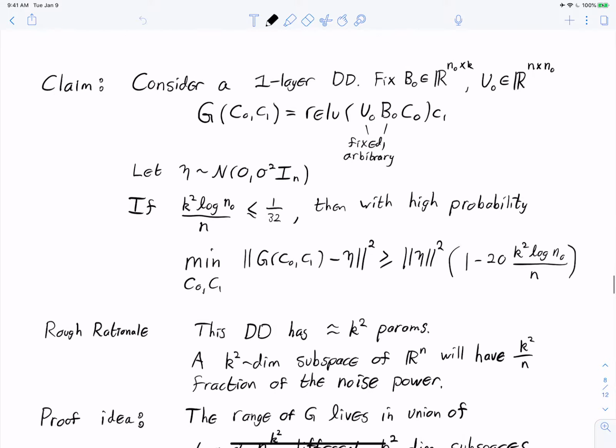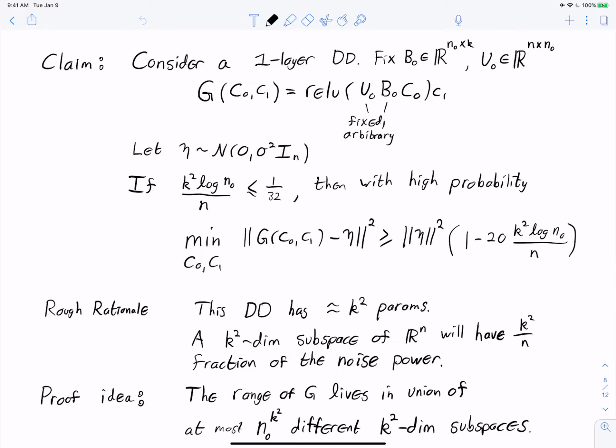Now, it's possible to understand the scalings of this using a rough rationale. So let's think, how many degrees of freedom does the deep decoder have? Roughly speaking, it has k squared degrees of freedom. In this case, we are considering a one-layer deep decoder. In a d-layer deep decoder, there'd be roughly k squared d parameters.